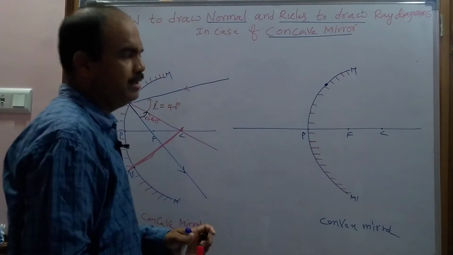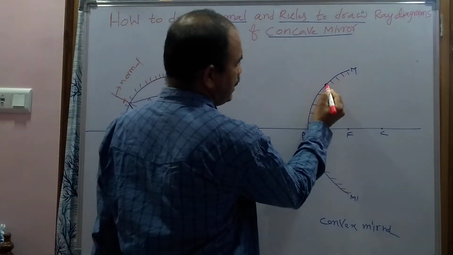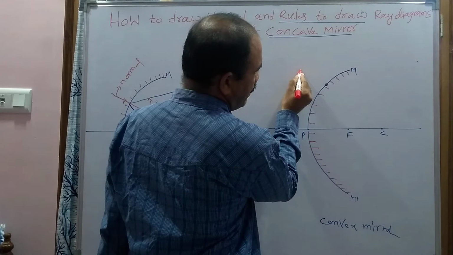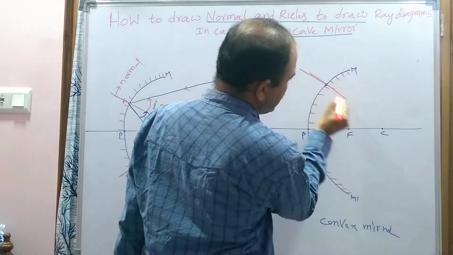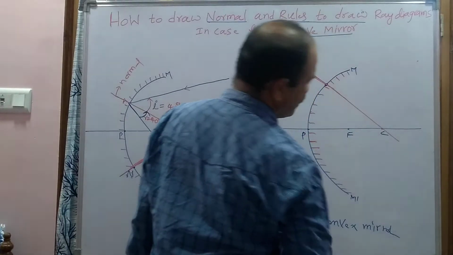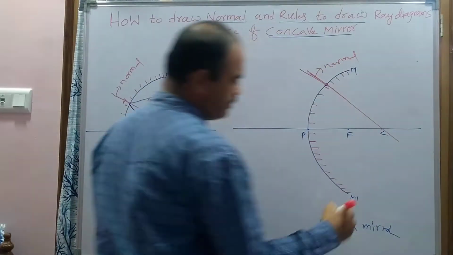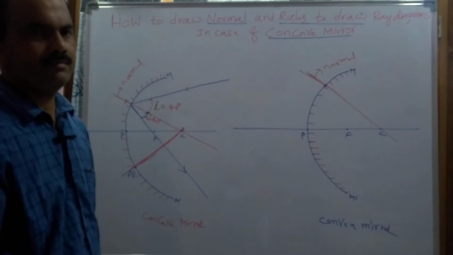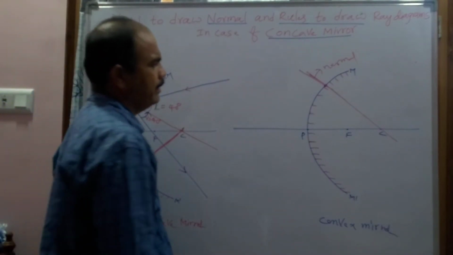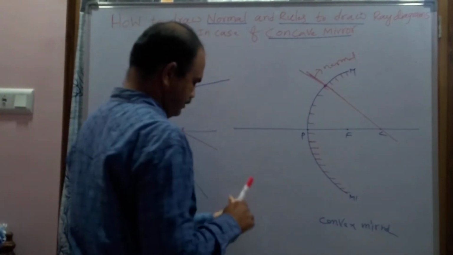How do I draw the normal? Simple. By joining that point and the center of curvature with the help of a scale. Now this represents the normal for which mirror? Convex mirror.